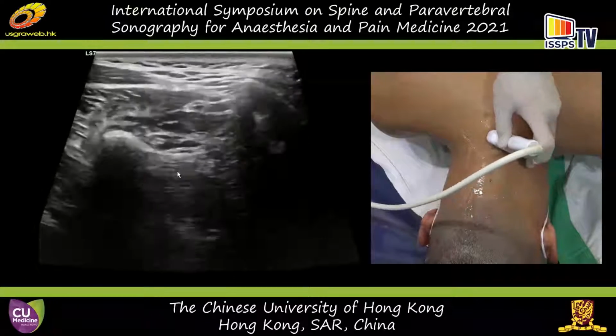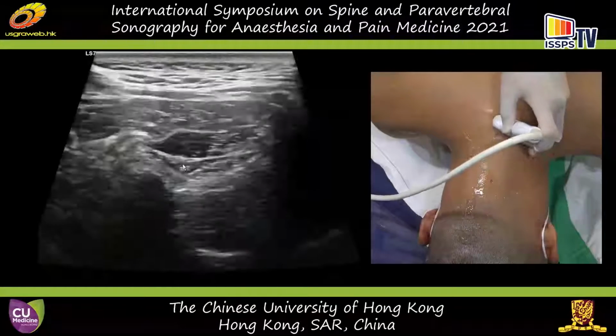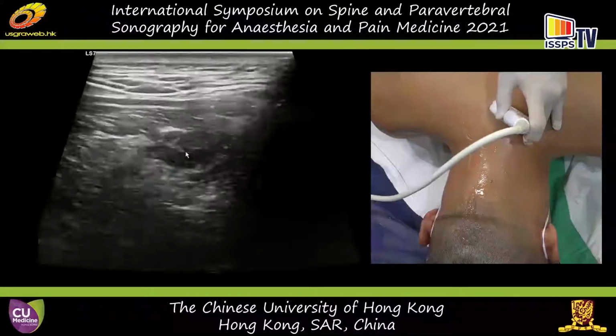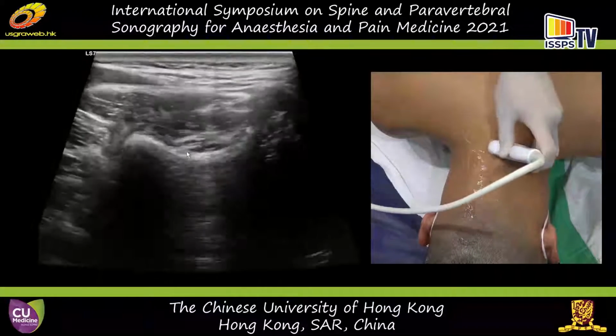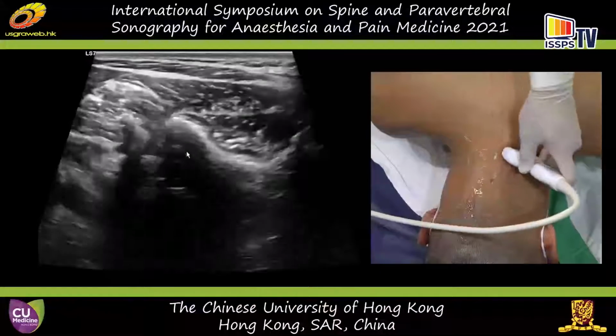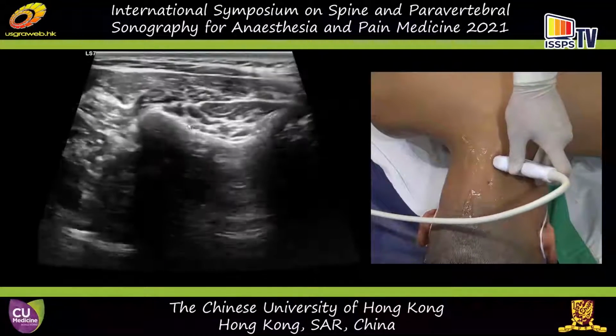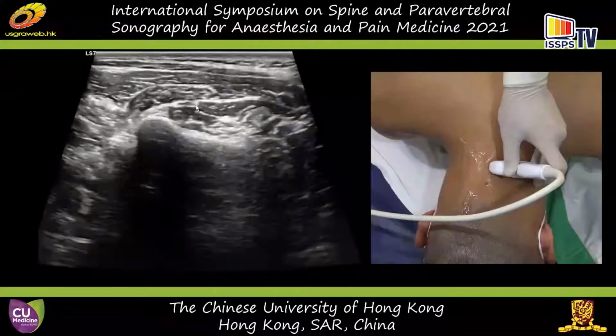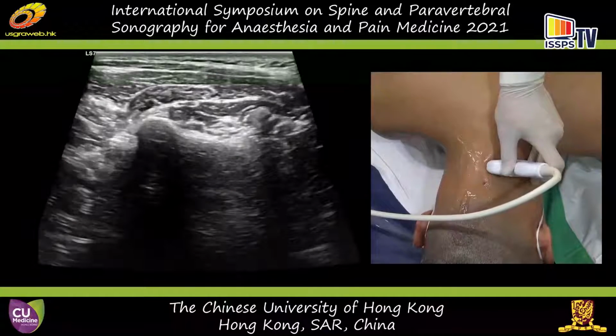Okay, so when I go back to this posterior muscular structure, if I keep going from this C6, 7, you can see the artery which is pulsating here.